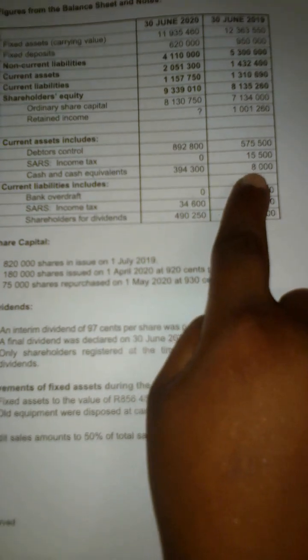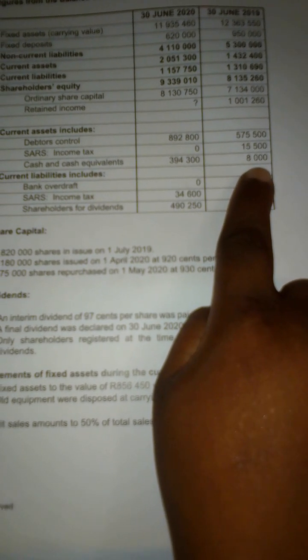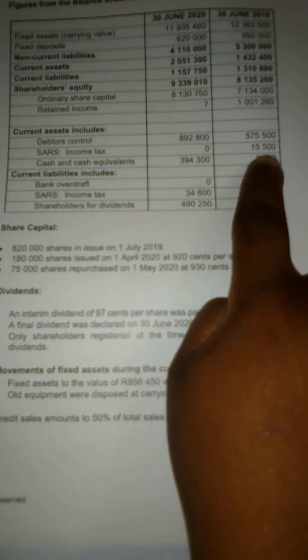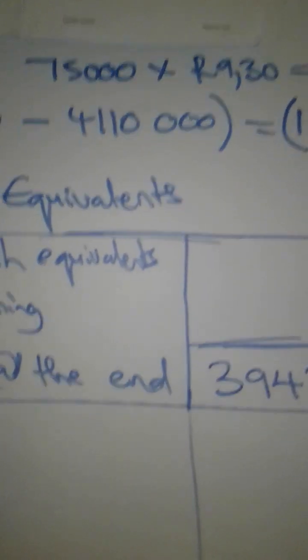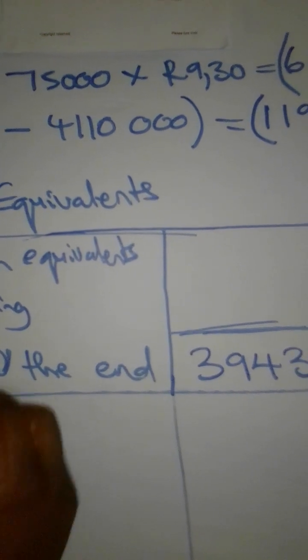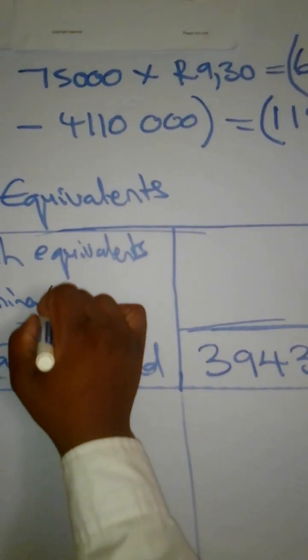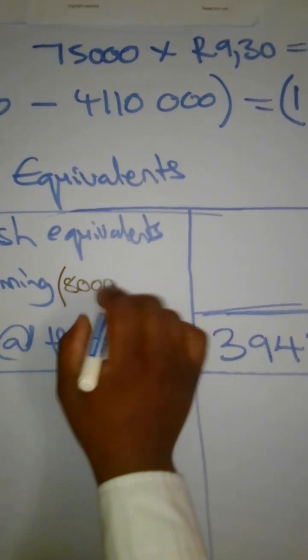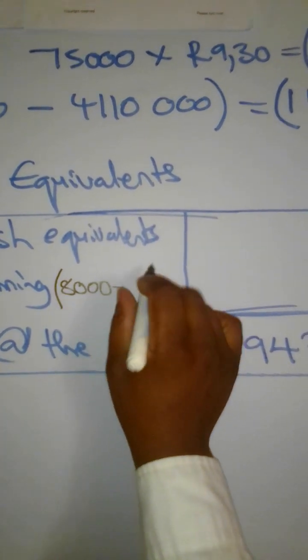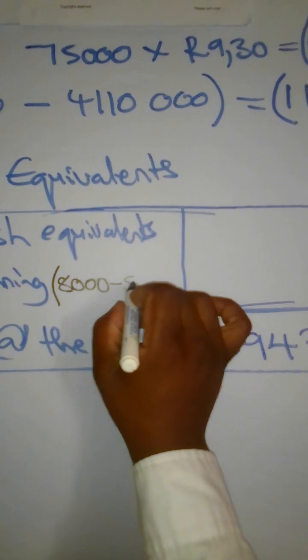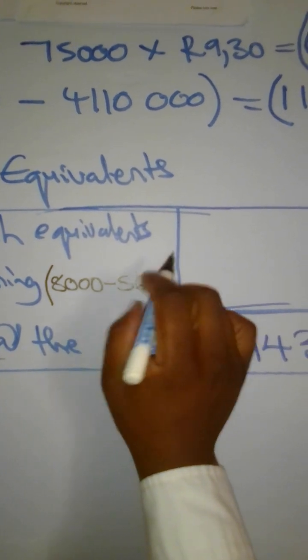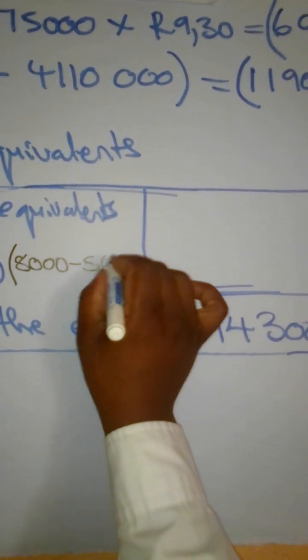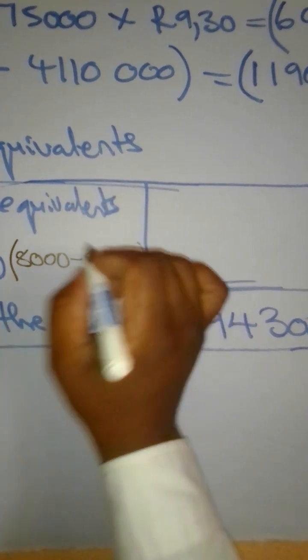Of course, we are going to reduce it by this 8,000. First there was 8,000, so this one is a negative amount. So the easiest way to do that calculation is to do it like this. You open your bracket, you start with the positive amount 8,000, and then we say minus the bank overdraft 56,370.